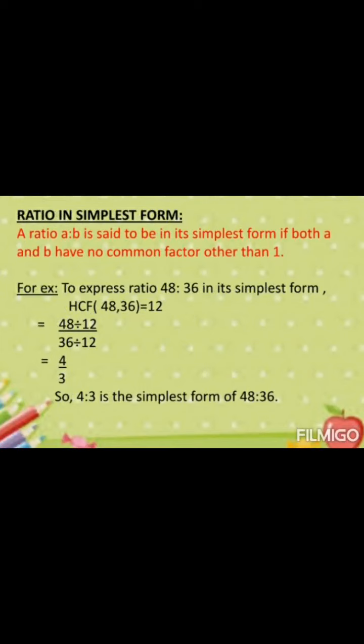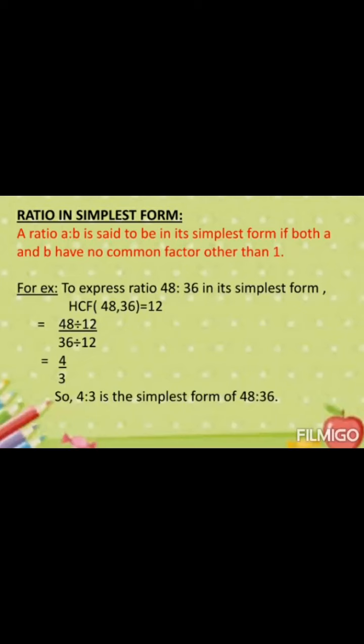Next topic is ratio in simplest form. A ratio A is to B is said to be in its simplest form if both A and B have no common factor other than 1. For example, this ratio 48 is to 36, if we have to convert it into its simplest form, then first we have to find its HCF.